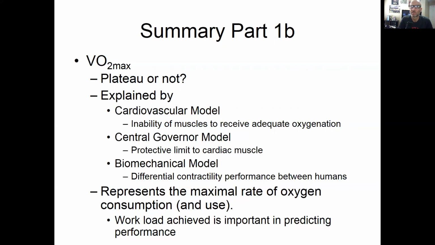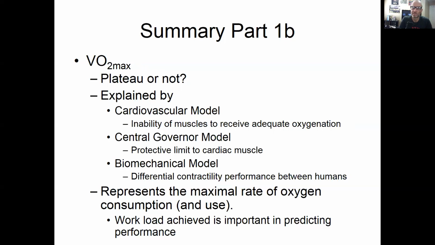For the explanation of VO2 max, you should be familiar with these three models: the cardiovascular anaerobic model, the central governor model, and the biomechanical model. VO2 max does represent the maximum rate of oxygen consumed in terms of the concept. And if we really wanted to dial into predicting performance, we would probably need to look at the workload achieved in the last stage of the graded exercise test.